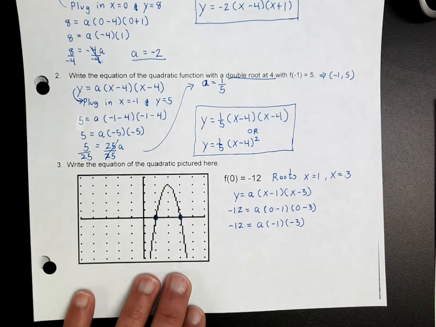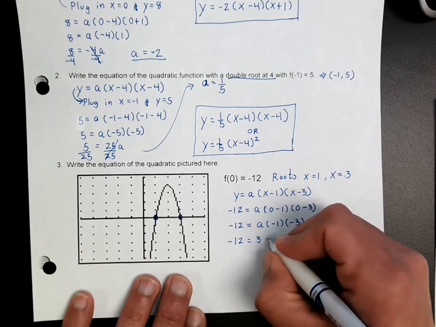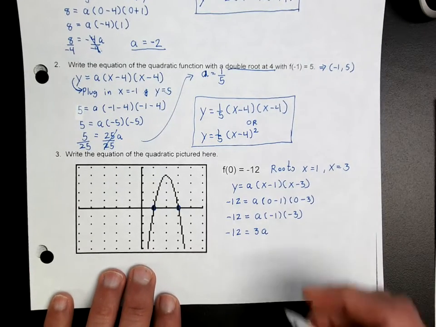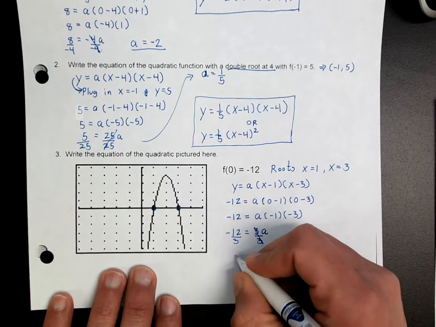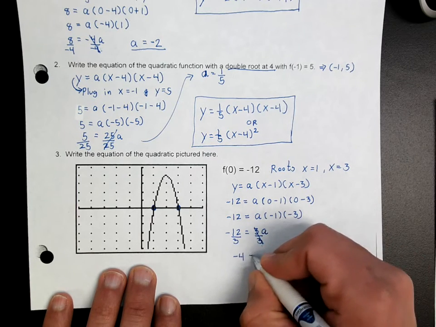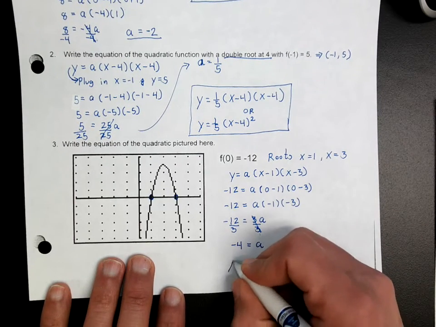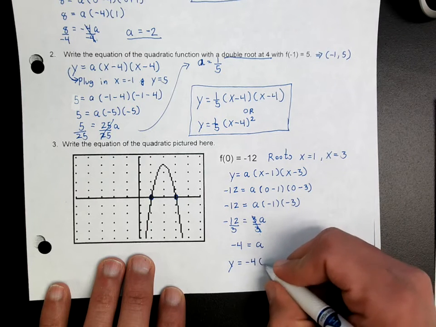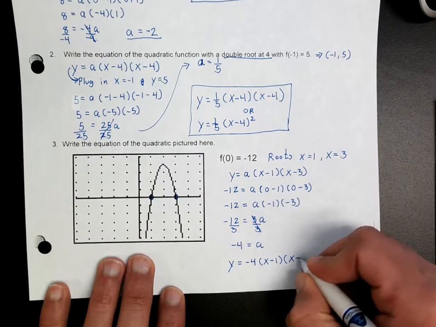So negative 12 is equal to 3a, and I'm going to divide both sides by 3. So I have negative 4 is equal to a. My final answer therefore is y is equal to negative 4 (x minus 1)(x minus 3).